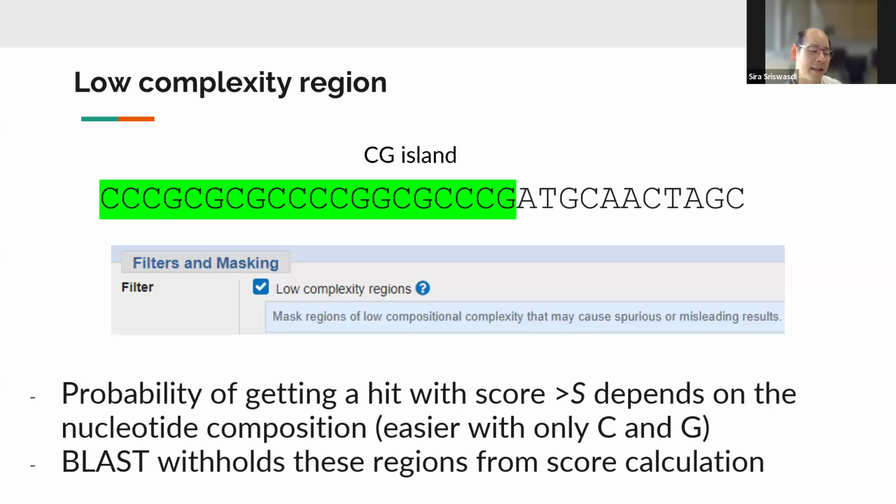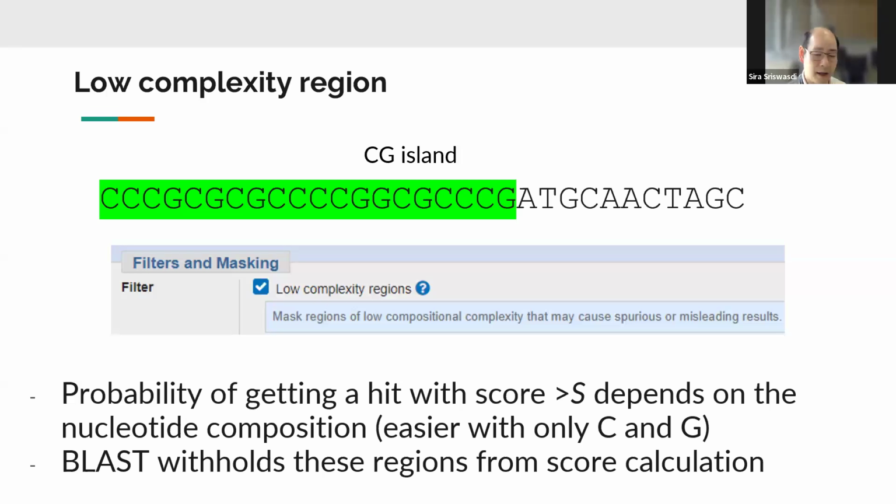Another consideration that I want you to be aware of is, when we think about the score from the sequence alignment and we want to analyze the statistical significance of the score, one thing that affects the statistical significance is the composition of the nucleotides or protein that you are considering. And this is called low complexity region. So let's say you have a segment of your genome that has C's and G's, like these are CG islands.